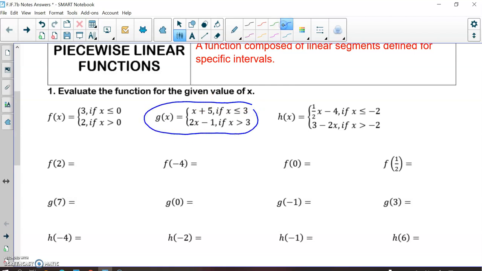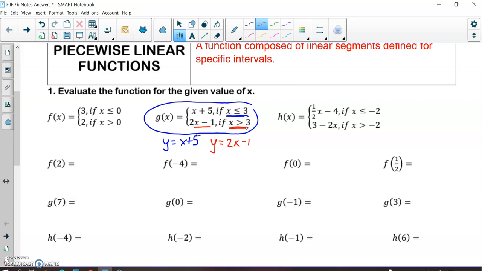What this means is that we have the equation y is equal to x plus 5, but we only have this equation for when your x values are less than or equal to 3. And then we also have the equation y is equal to 2x minus 1, but we have this equation for only when x is greater than 3.